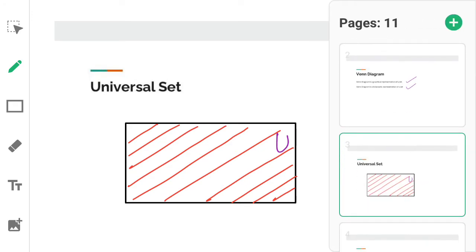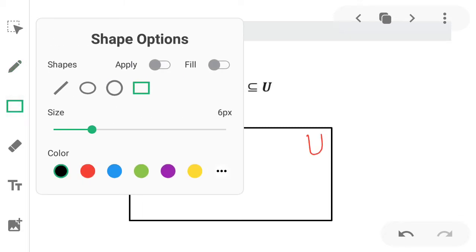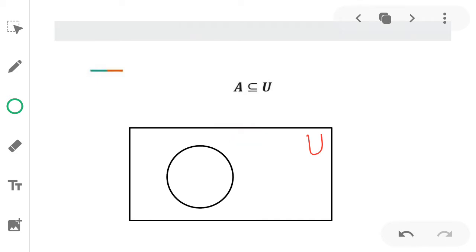Next we will understand how to draw A is a subset of U. We know that the universal set is represented by a rectangle, so I will write U here. Next I want to represent the elements, and I will write A here.